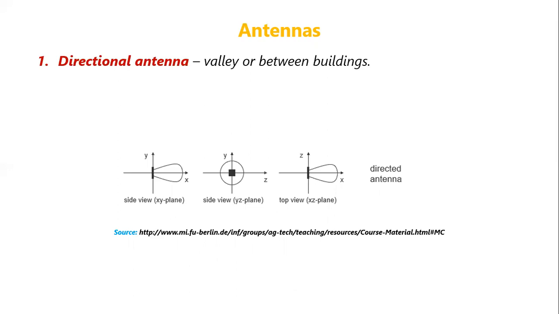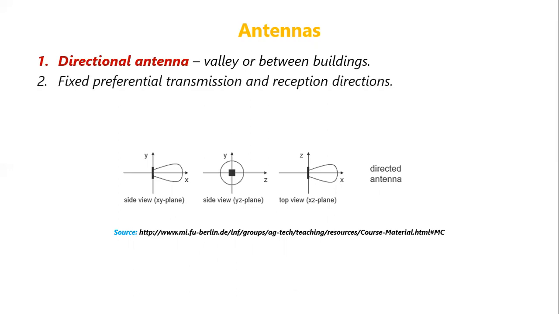Whereas this directional antenna can work properly even if there is a valley or in between buildings. And this antenna has a fixed preferential transmission and reception direction.